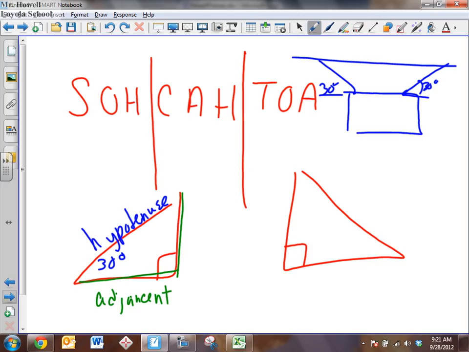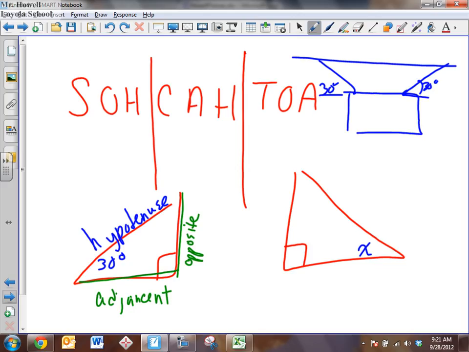We had 3 words here: hypotenuse, adjacent, and opposite. Over here now, let's label this one, and we're going to call this X. Some angle. I don't care what the angle is, but we're identifying this angle here, X.